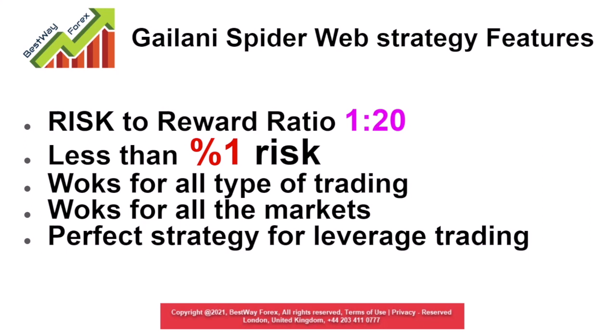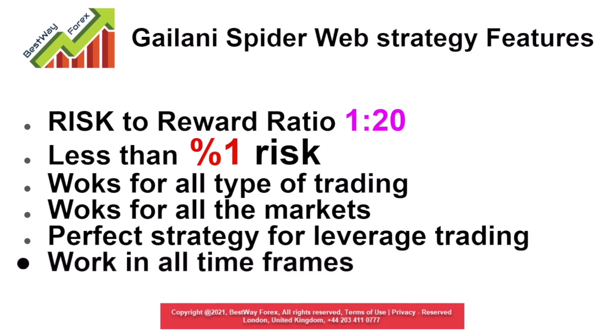My risk is still 3x, not 200x. So you start with 3x, and then you add on another 3x as the price moves, but all the time you are risking just 3x. It works in all time frames, with no problem with time frames.